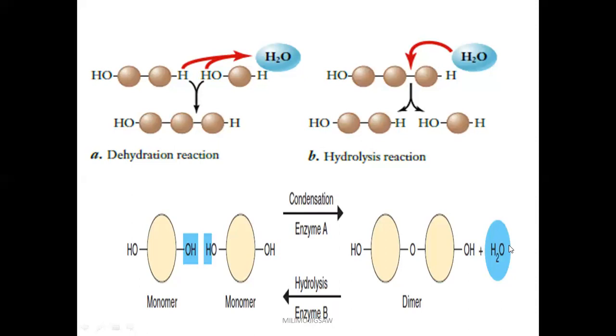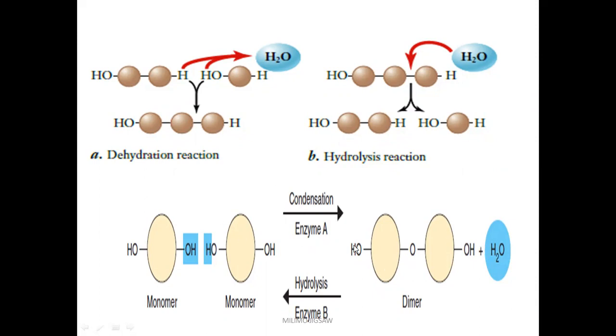This same reaction is also used to link fatty acids to glycerol when we look at lipids. It is called a condensation or dehydration reaction because of the removal of the OH and H, which is the same as the removal of a water molecule that is given out, as we have seen. So this is a condensation reaction.